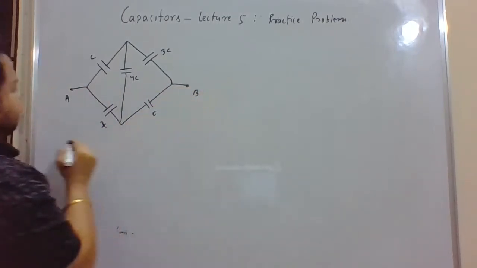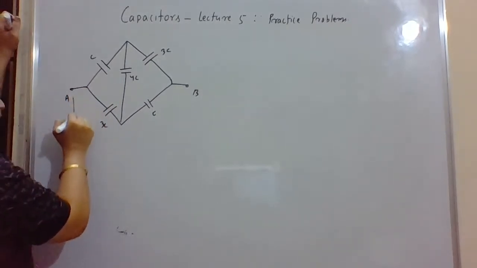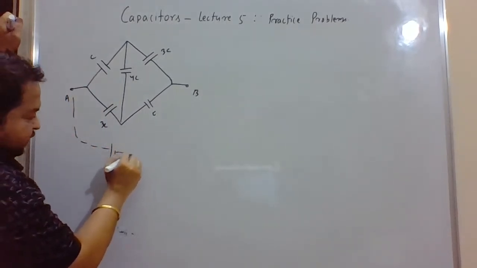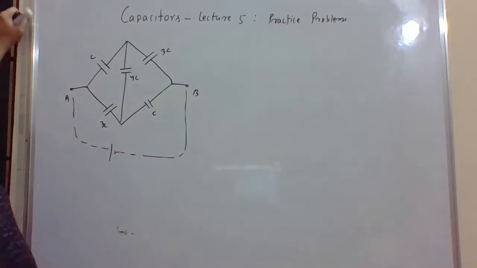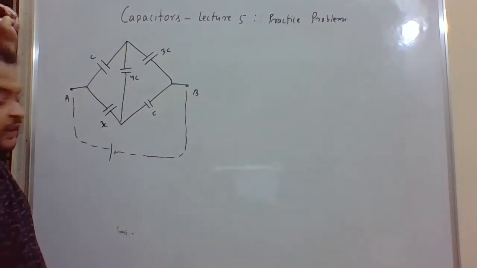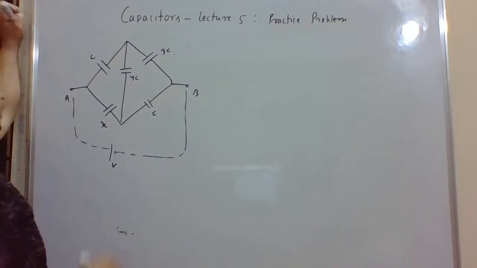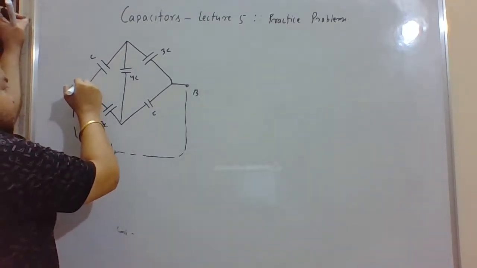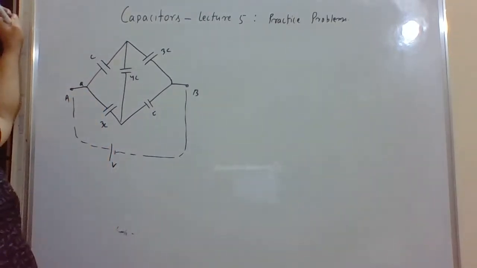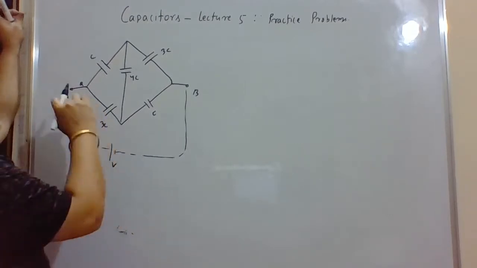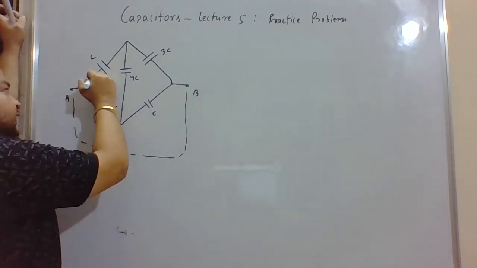As we said, point number 1, let us first mentally connect a cell. If I'm mentally connecting a cell, suppose the potential difference was V. Say charge Q is appearing here.